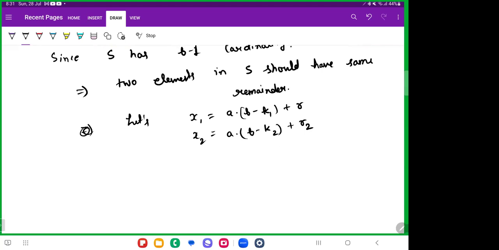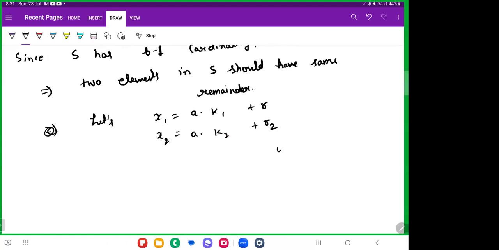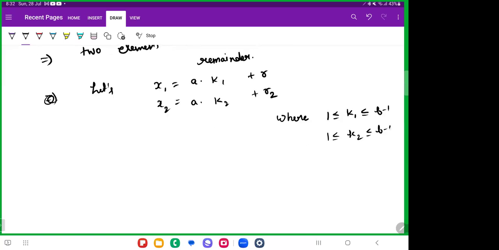Simply I can write it more clearly in this way: a dot k1 and a dot k2, where 1 is less than k1 is less than b minus 1, 1 is less than k2 is less than b minus 1.